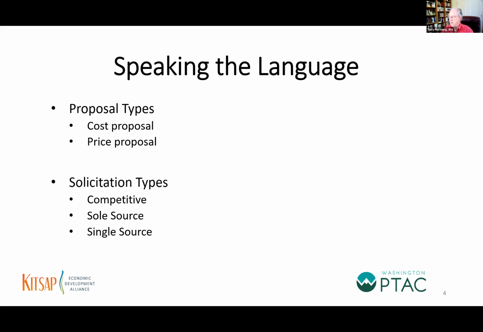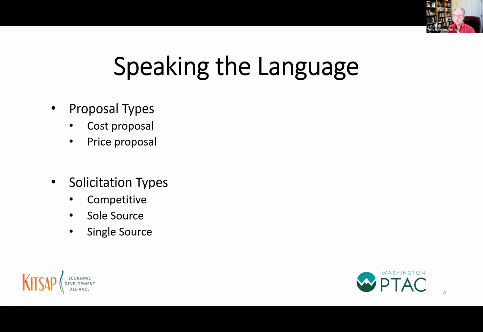You probably have bought software, or you've developed your own Excel spreadsheets and templates to put your cost proposal together. But whatever method you use, you're going to be covering the basic components of a cost proposal that we just talked about, which is direct, indirect, profit, taxes, bonds, insurance, and whatnot.